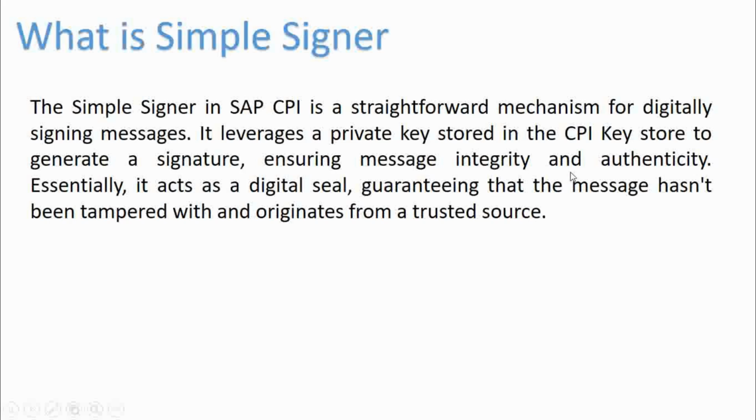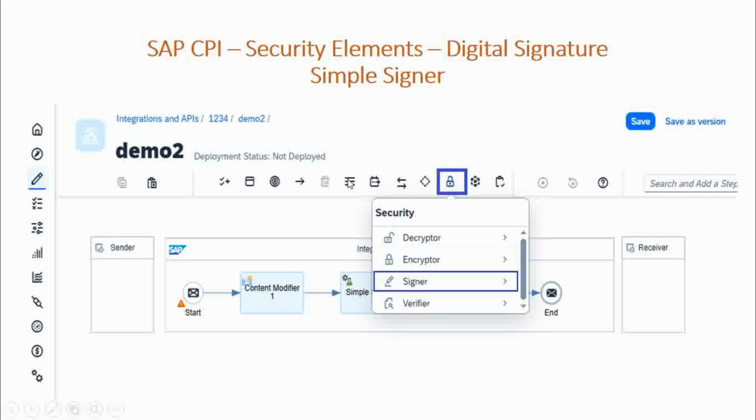Remember that when you are transferring a message via the internet, there are a lot of possibilities for it to get tampered with or hacked. To avoid that, we put a signature, and we verify the signature at the receiver end with some algorithm, confirming that the body inside that message is not tampered with. This process is called a simple signer process, which we are going to see.